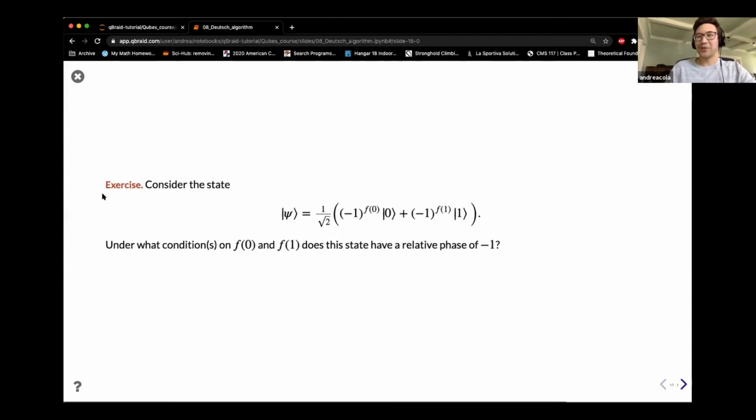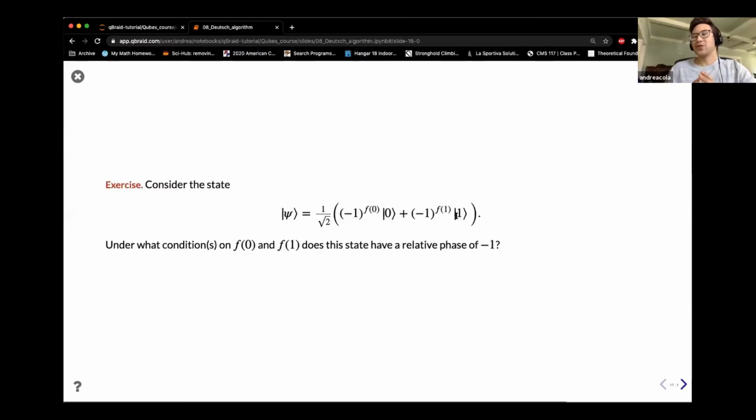Okay, so before we proceed forward, just a quick exercise to see that we're on the same page. Consider the following state here. We have 1 over square root of 2 times minus 1 to the f of 0, ket 0, plus minus 1 to the f of 1, ket 1.